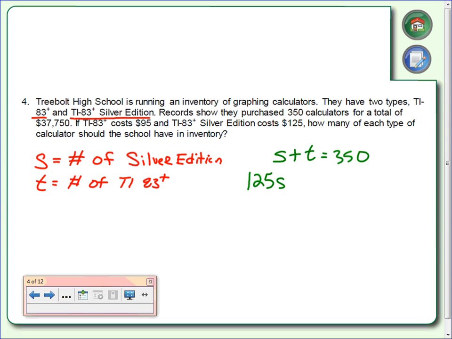So 125S plus 95T, because that's how much the TI-83 calculators are, equals $37,750. Very good. All the calculators put together cost a total of $37,750.